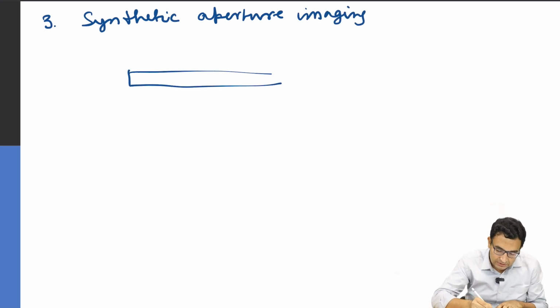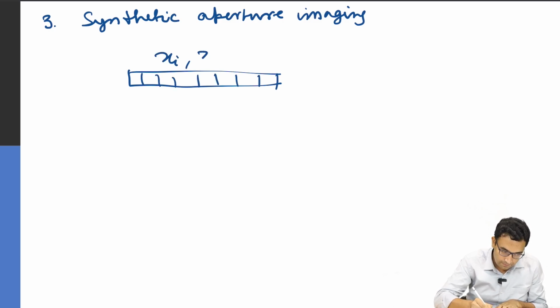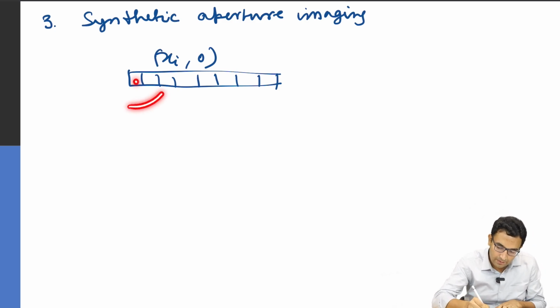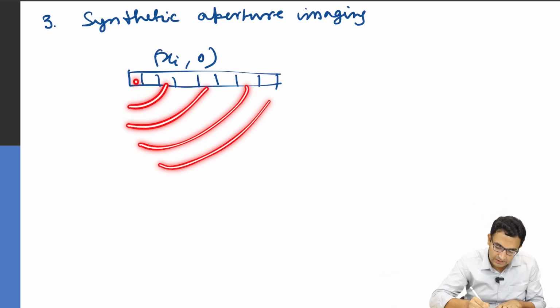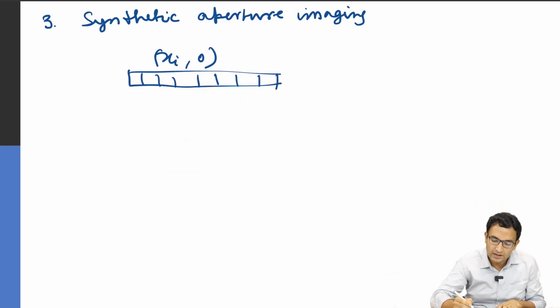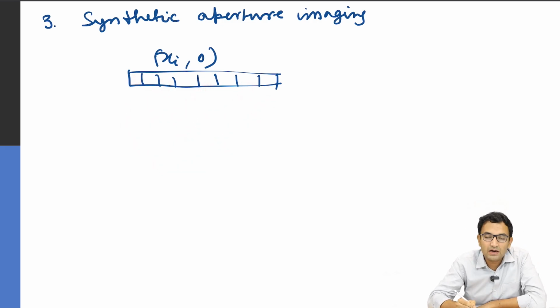So in synthetic aperture imaging, if you recall, xi, zi, where I can choose zi equal to 0, so I'll just say xi comma 0. If you remember, in synthetic aperture, each element is individually firing, right? So essentially there are no delays in transmission, no focal delays to worry about.